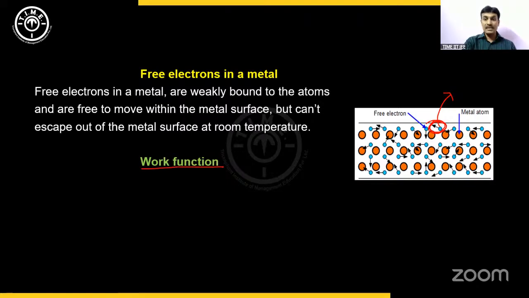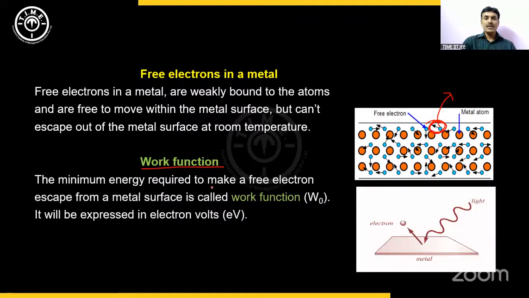Work function is the minimum energy required to release an electron. This energy is very small, so usually it is expressed in terms of electron volt. The minimum energy required to make a free electron escape from the metal surface is known as work function, denoted by W0, or sometimes expressed as phi. Phi represents the work function and its unit is electron volt.